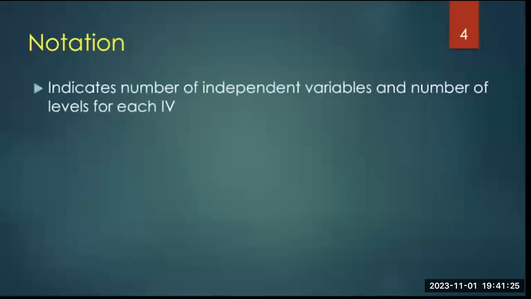So in terms of notation, this is really important to understand. The number of independent variables is going to be represented by how many numbers you have in front of you. So if it's 2x2, those are 2 independent variables. If it's 2x2x3, those are 3 independent variables. The order of the independent variables doesn't matter.